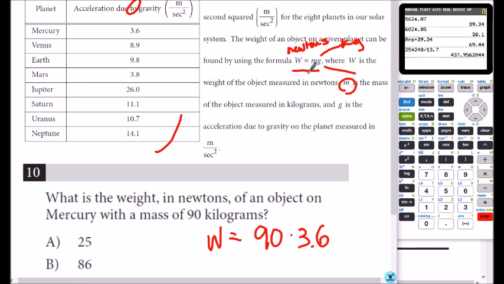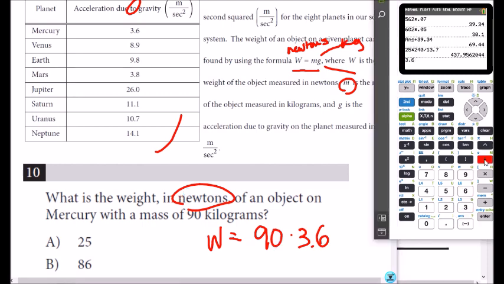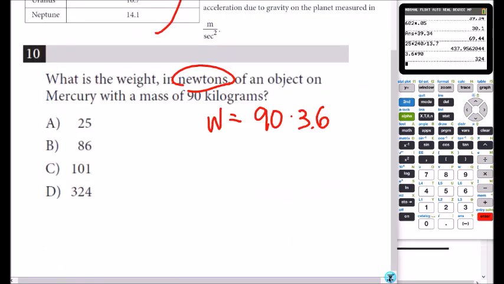So when you get confused, just follow the units. One was in newtons, which we are looking for, so we are looking for W, and where kilogram mass is given. So it's 3.6 times 90. So you get about 324. So D is your answer.